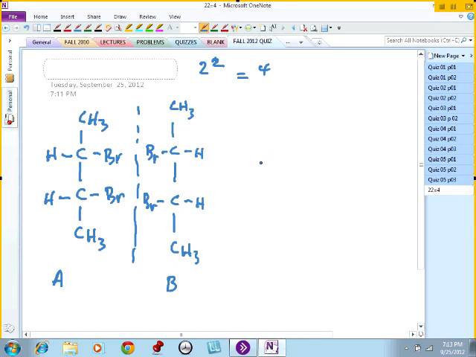Now, what are the other stereoisomers? We move the bromine to the right, to the left, right?